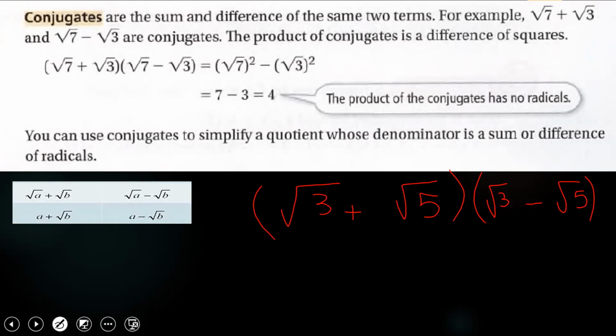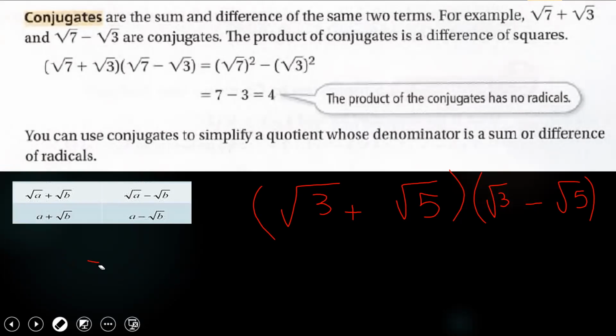You have two terms, square root of 3 and square root of 5. They are the same, and they can be added and subtracted. Like, as an example, 1 and 4: 1 plus 4 and 1 minus 4, the same numbers, but one is added and one is subtracted.